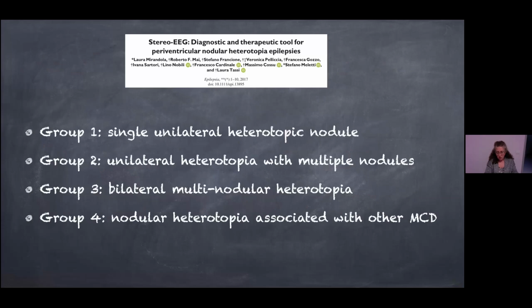We published in 2017, our group tried to organize those patients with periventricular nodular heterotopia, and from the anatomical point of view, we subdivided those patients into 4 groups, depending on the location of the nodule: single or unilateral, multiple unilateral, multinodular bilateral, or associated in group 4 with other malformations of cortical development.